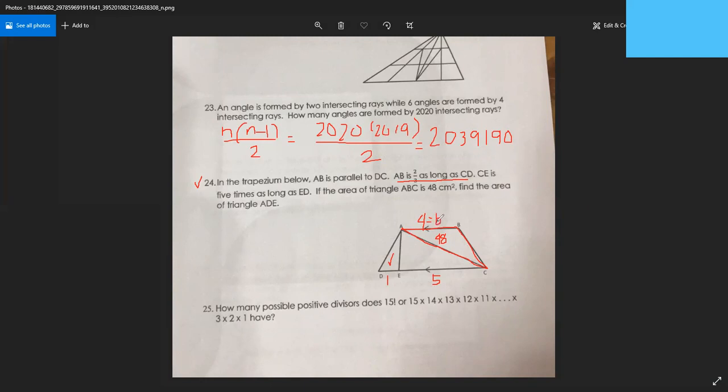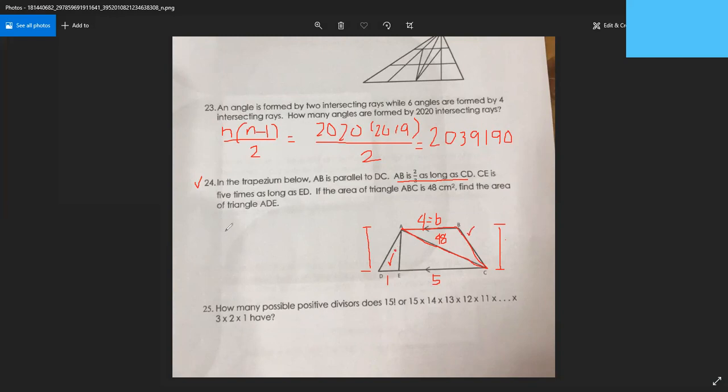So we need to identify the height, which is also the height of the trapezoid and of this triangle.